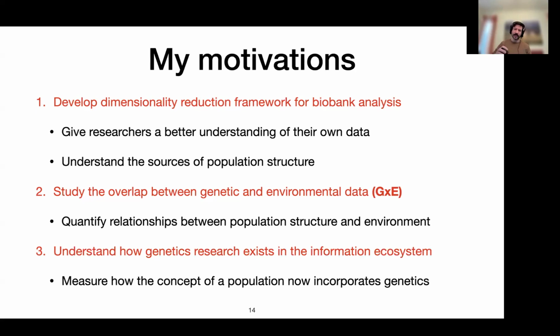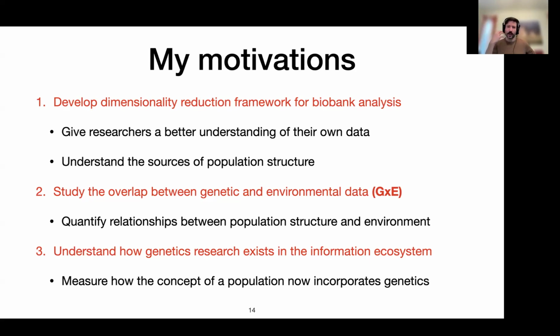And the last one is to understand how genetics research exists in the information ecosystem. Especially with the popularity of things like ancestry testing, genetics has always been kind of tied to this idea of group identity, like I am a Cuban and I can trace my ancestry back this many generations. But now we can say something like, oh, I'm 47% this and 53% something else, and there's a whole body of research behind that now.